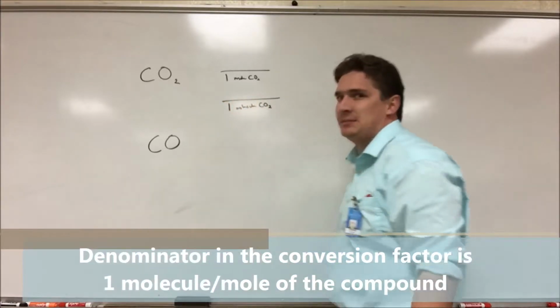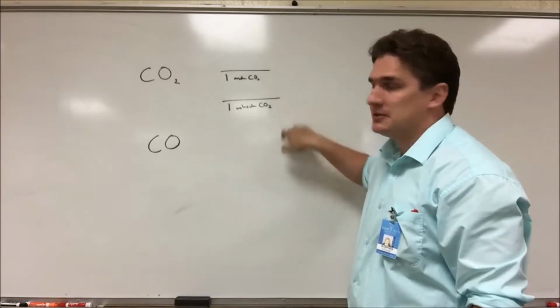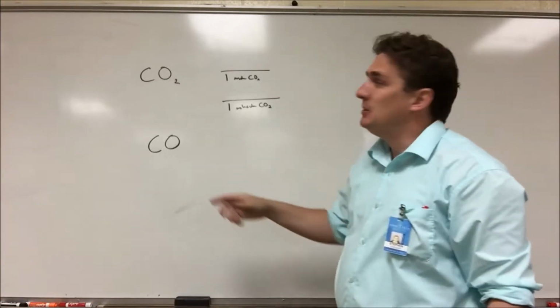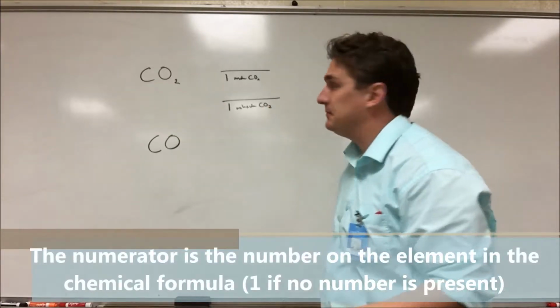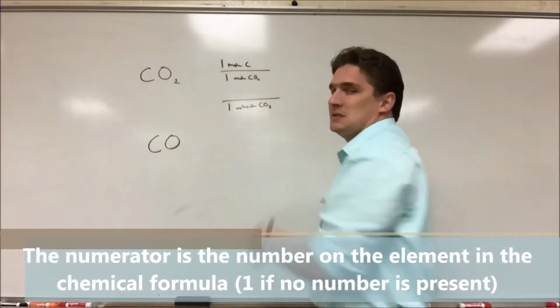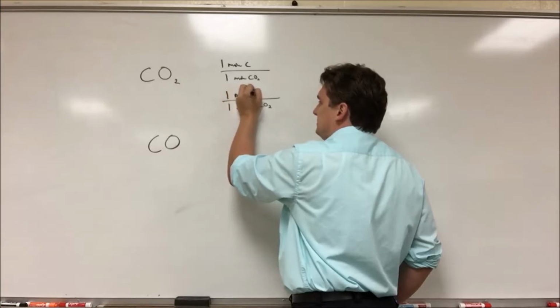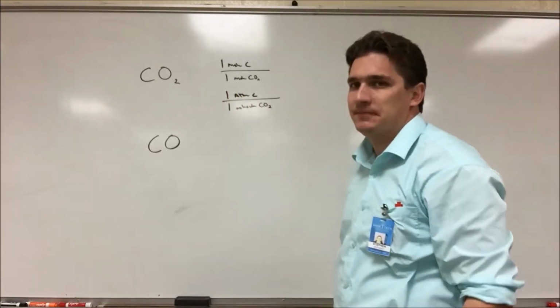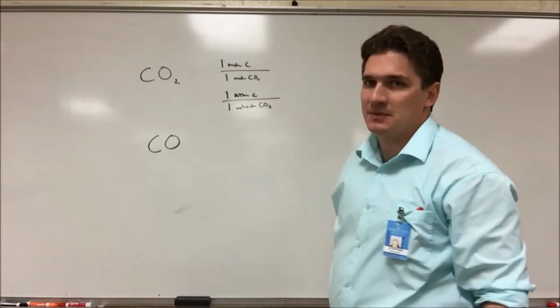And we'll go through at the end of this video when you want to use these conversion factors. The numerator is going to be whatever the subscript is on the atom you're interested in. So let's say we want to do carbon. For every mole of carbon, there's 1 mole of CO2. For every atom of carbon, there's 1 molecule of CO2. The distinction here is that we're working in moles on top and atoms and molecules on the bottom.